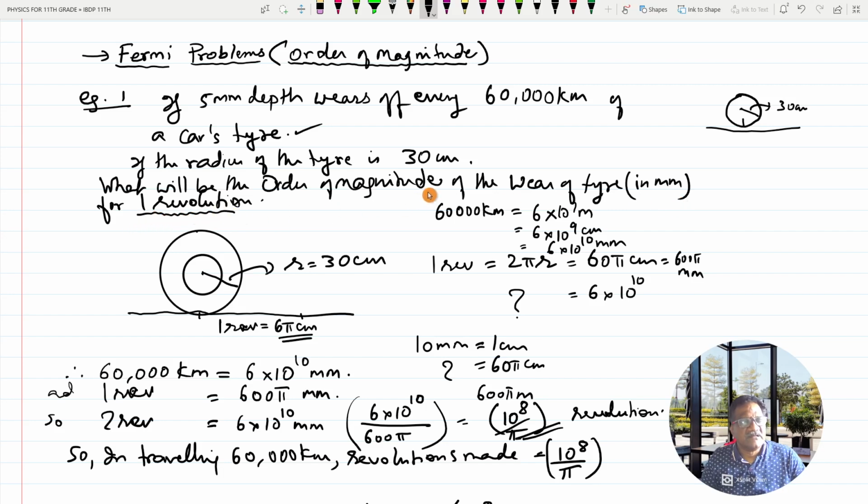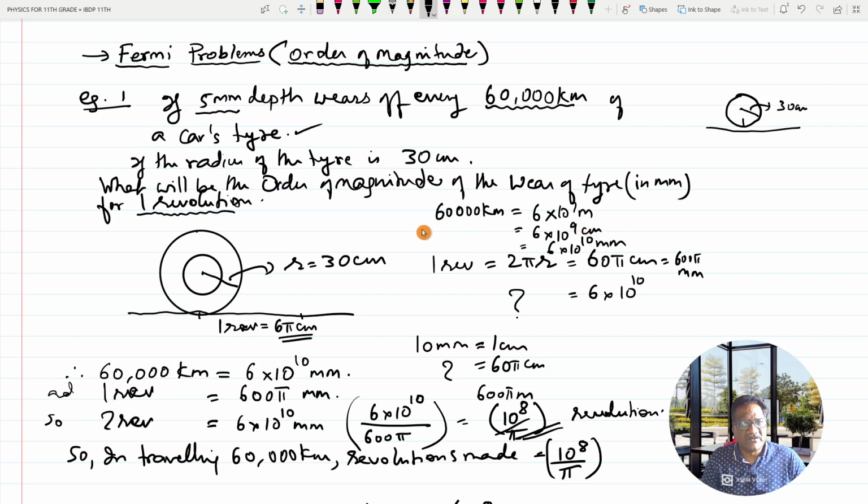So you have to find the order of magnitude for the wear taking place in millimeters in just one revolution. Information given to us is that in 60,000 kilometer distance traveled by the car, the wear that has taken place is 5 millimeter. Chalo, let us start working on this solution.